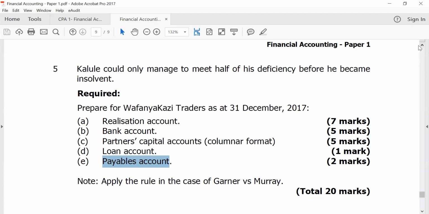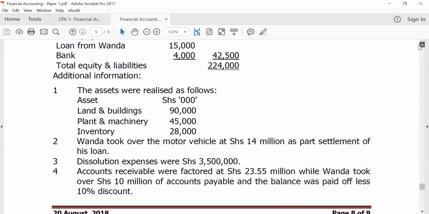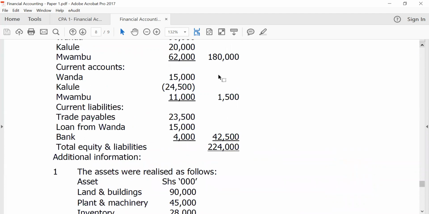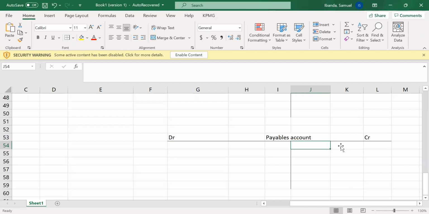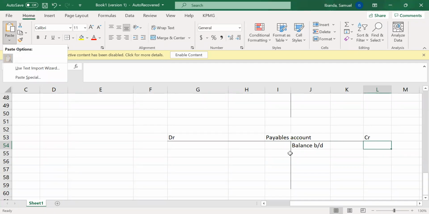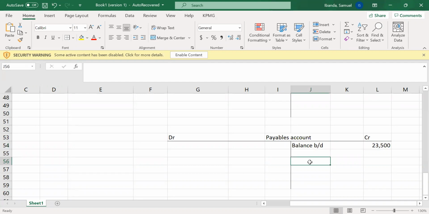So the first thing you're supposed to do in the payables is balance brought down is this value. So you do your balance brought down, which is that value.